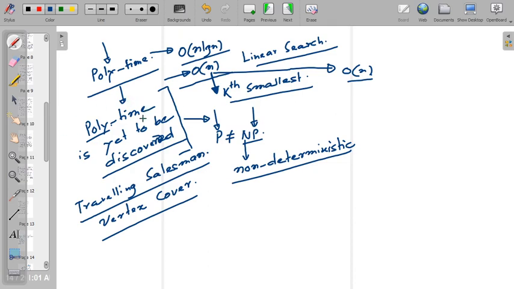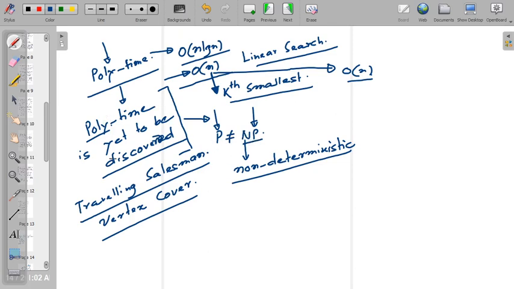If at some point somebody proves that this is not possible at all, that whatever you try you cannot find a polytime algorithm for those problems, but we couldn't prove that.